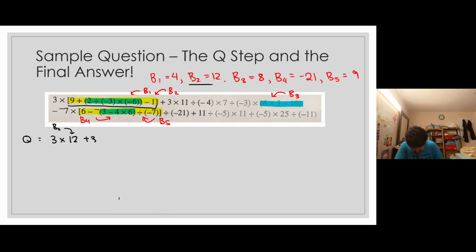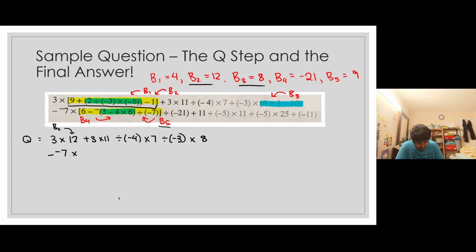Plus 3 times 11 divided by negative 4 times 7 divided by negative 3 times. Now we get to the B3. B3, we know the answer is 8, so I'm going to put an 8 here. And to preserve this notation, I'm just going to jump to the second line here. So now we have minus negative 7 times, now we have all this here representing B5.